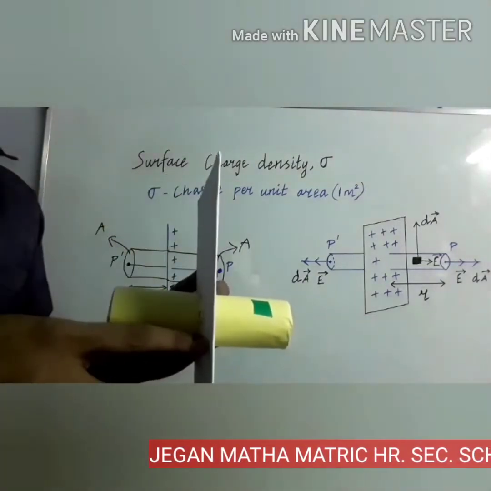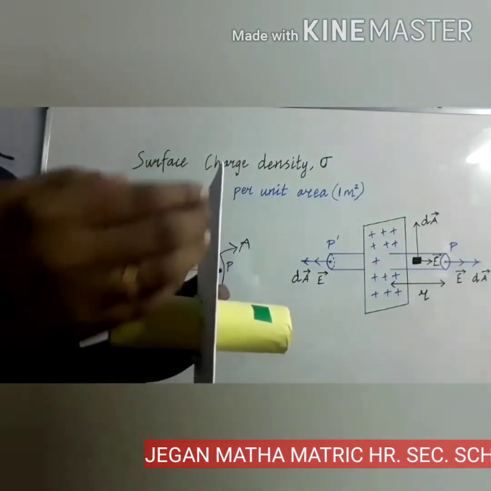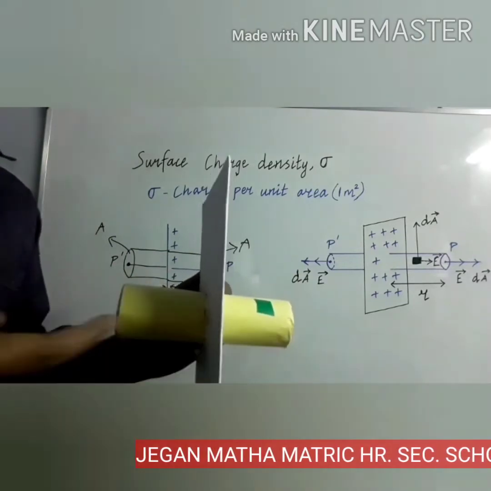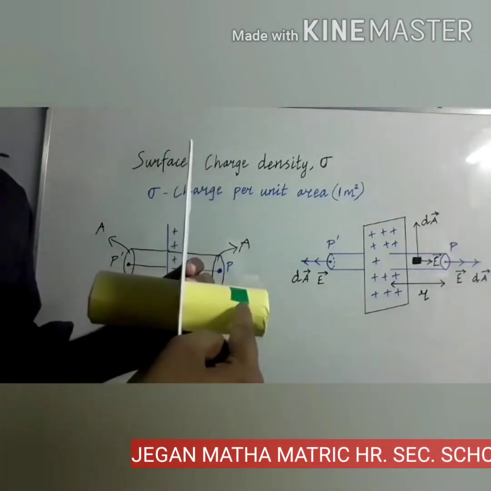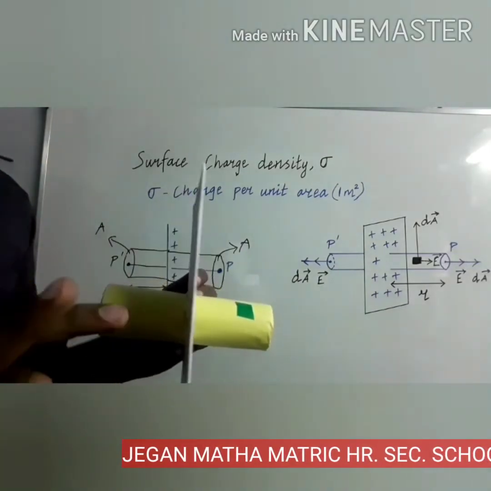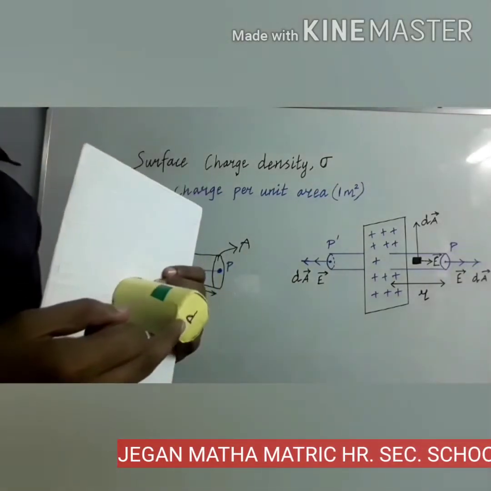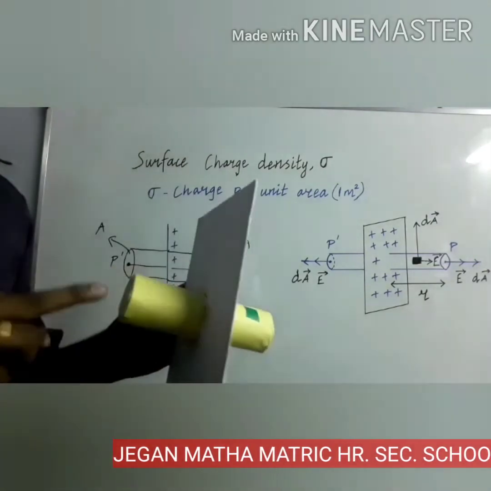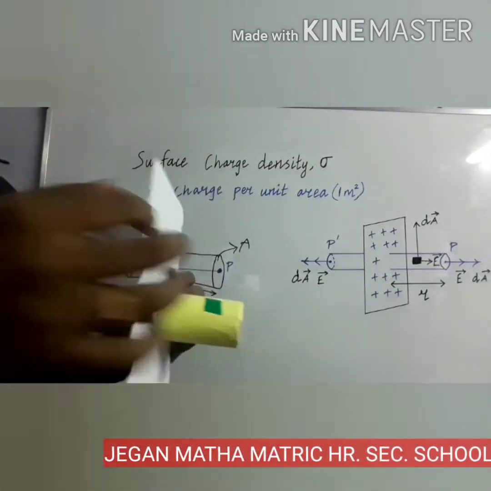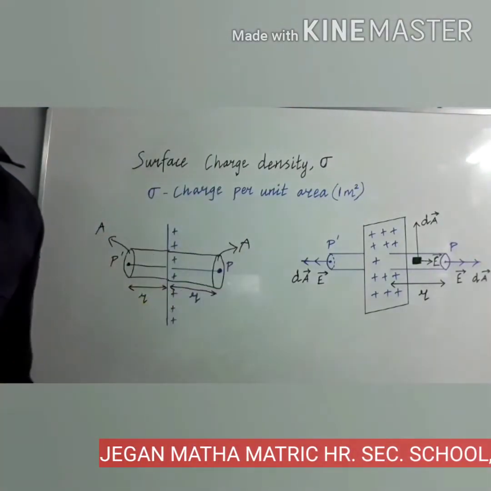This plane sheet passes through the Gaussian surface perpendicularly, through the middle part of the Gaussian surface. Here I have taken the area element in the curved surface. The Gaussian surface has three surfaces: one surface that contains point P, another surface at the other edge containing point P dash, and the total curved surface.